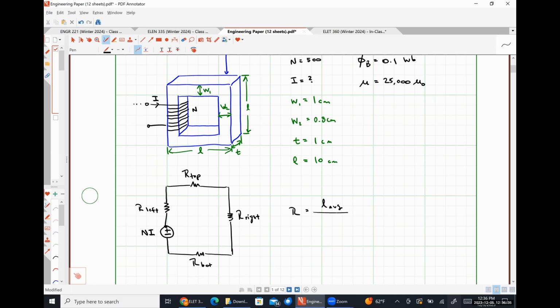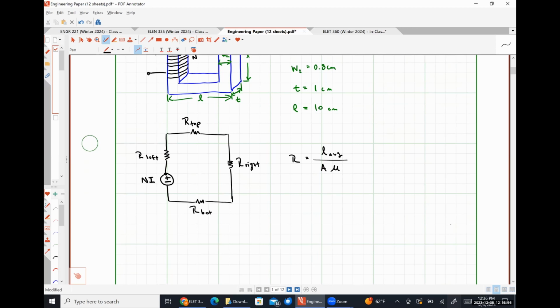So our average flux path length divided by cross-sectional area times mu, right? So now we're going to have to use this relationship to figure out what the reluctance of each of these four legs in our magnetic circuit is.